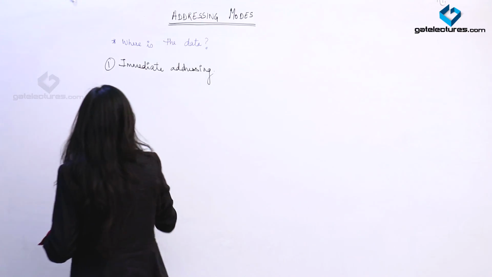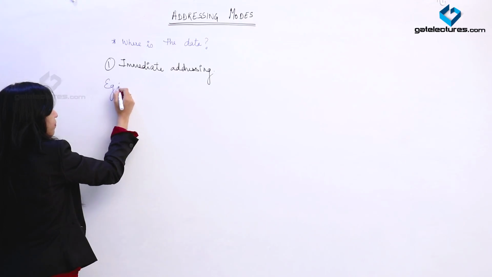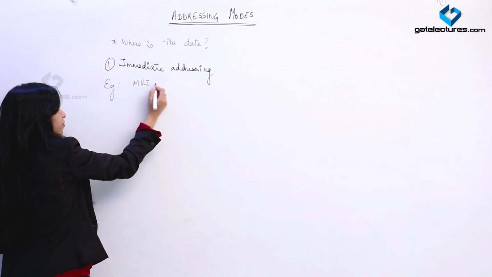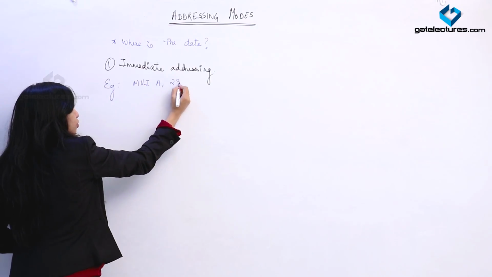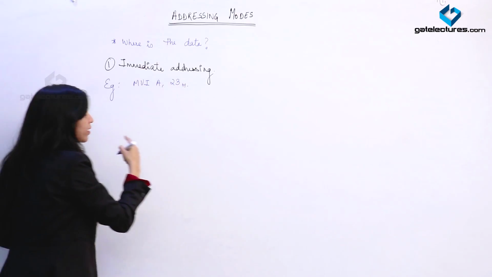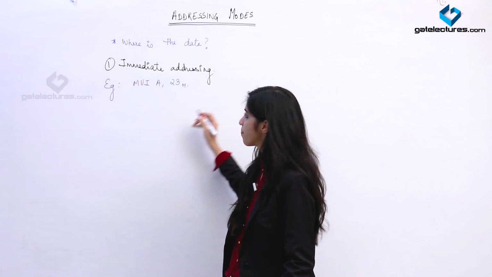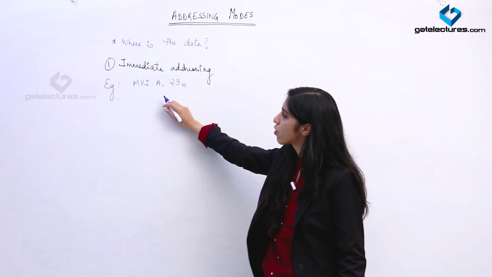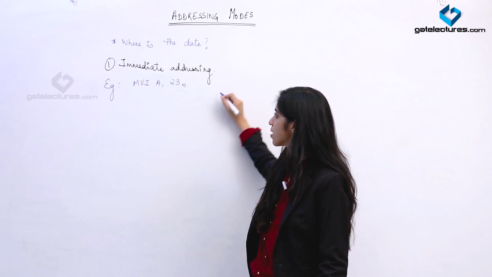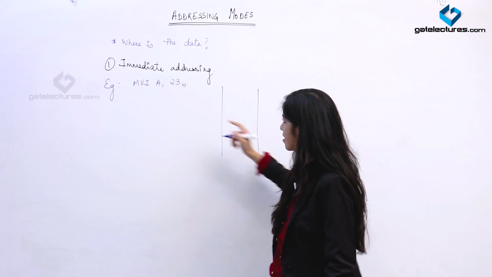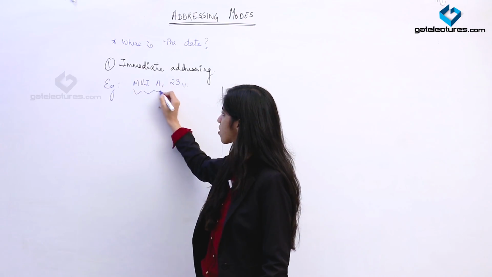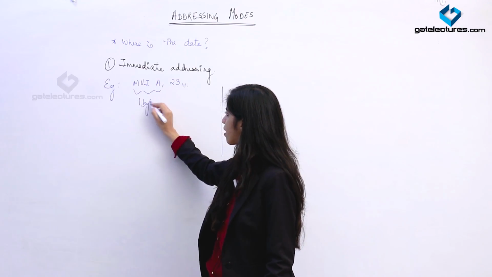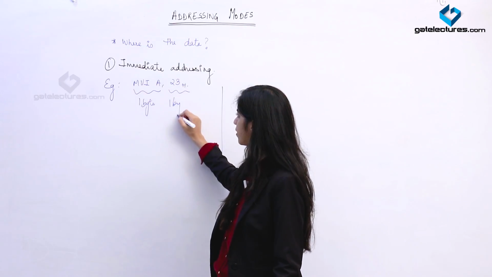For example, suppose we've got an instruction MVI A, 23H. We already know that all the opcodes, all the instructions, are going to be saved in the memory. This is a 2-byte instruction. It consists of 1 byte for the opcode and this data is 1 byte.